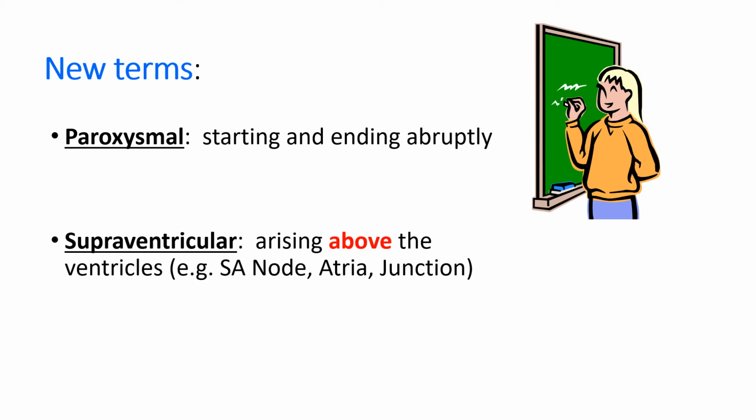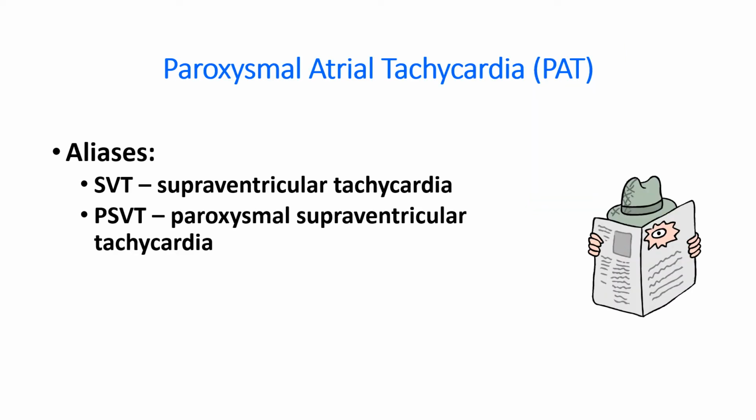We would define that as SVT. So paroxysmal supraventricular tachycardia, or PSVT, is basically, as I said before, where you see it start and stop. You could say runs of SVT, which would mean the same thing as PSVT, but you're going to hear our terminology more often used as SVT.